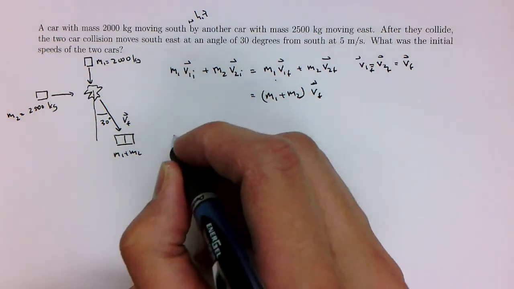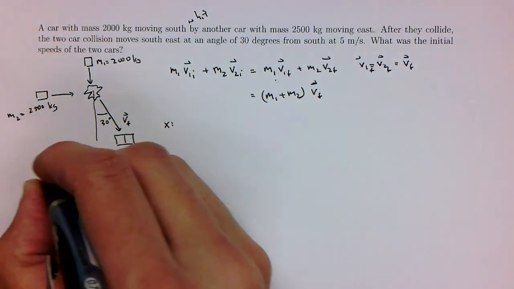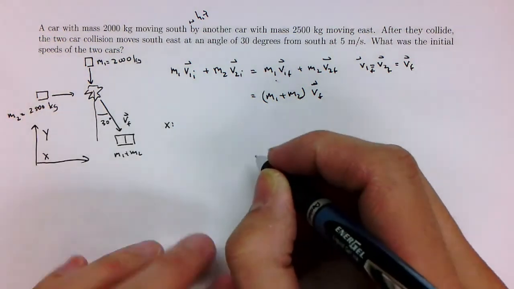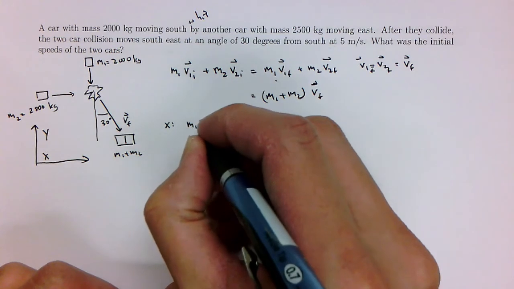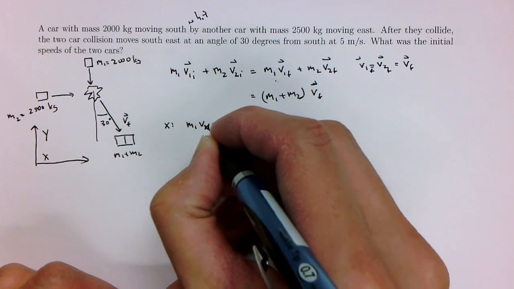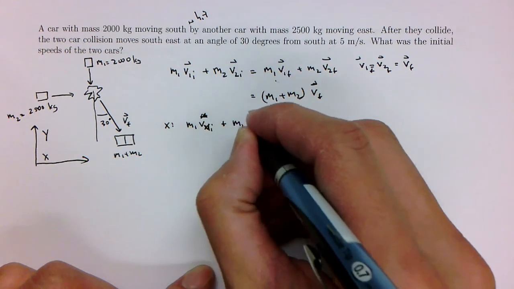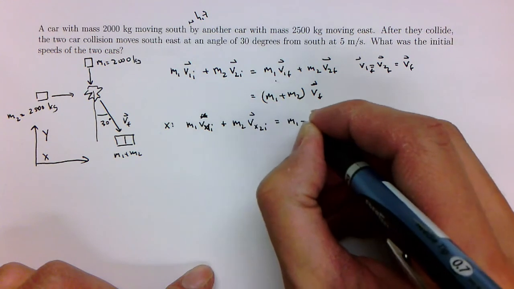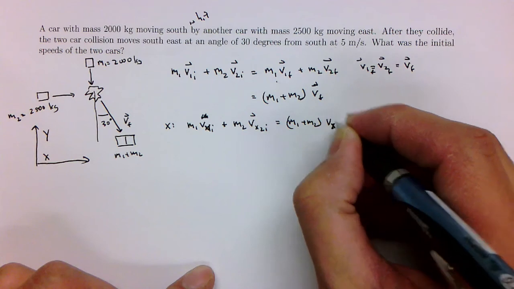So let's write it down by component. This is my x direction, this is my y direction. The x component of this vector equation is going to be M1 Vx1 initial plus M2 Vx2 initial is equal to M1 plus M2 times Vx final.